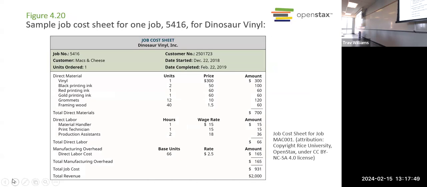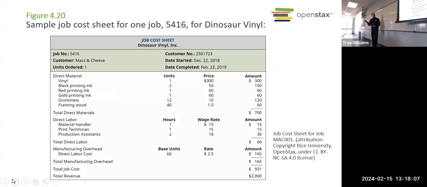Very good. What we see here is a job cost sheet for this company. So this is for one particular job, and this is where we can see all the costs for that job. Now, this is separate from the accounting records where the same information would be recorded.